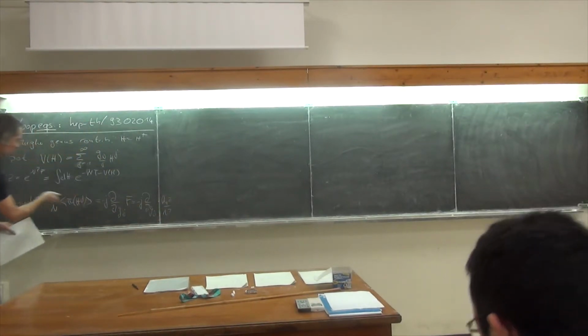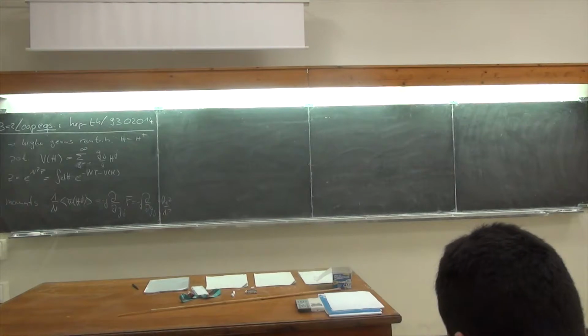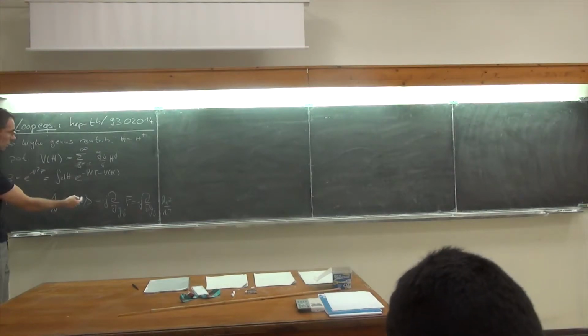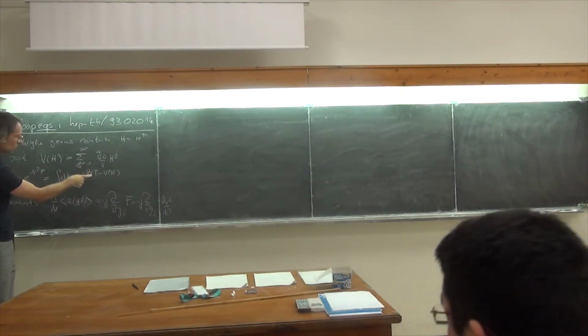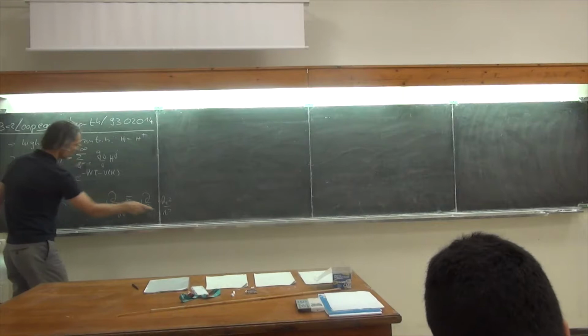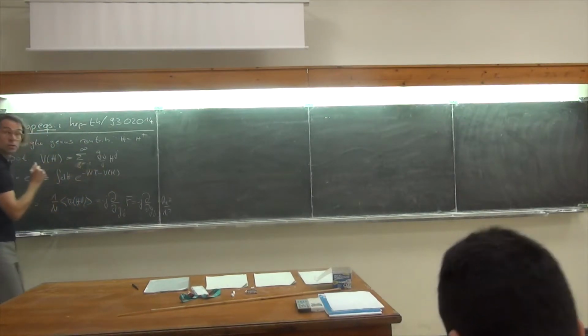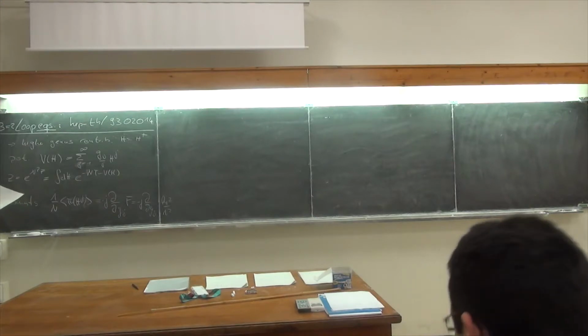You need the ln to get the expectation value. You divide by N squared, and the differentiation will bring down an N, so the N cancels one of the N's, and then in the potential you get this. It's clear, no? This generates all the moments.